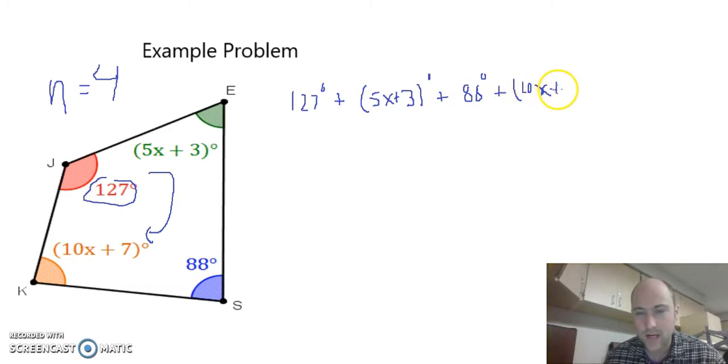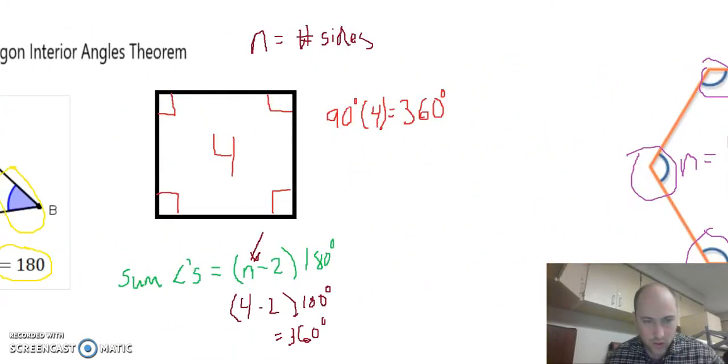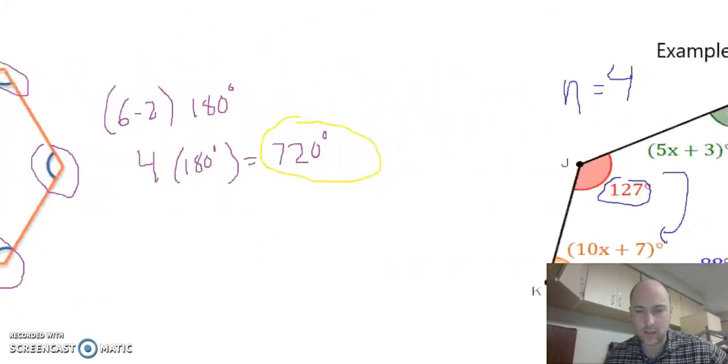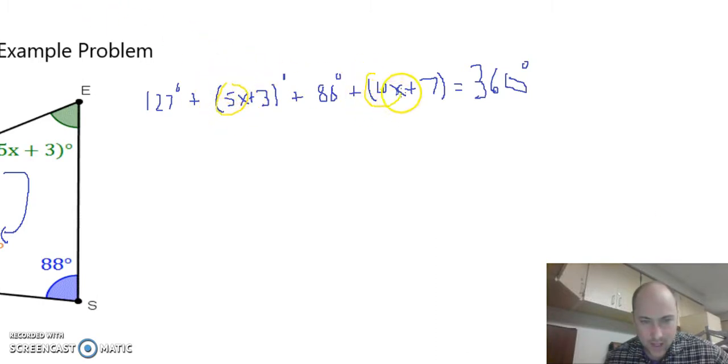Because it's a 4-sided polygon, just like in the example of the square, it's going to have to sum up to 360 degrees, so we'll put that in there. Now we can combine our like terms. Here we have a 5x, and we also have a 10x. X's add to x's, so 5x plus 10x is 15x.